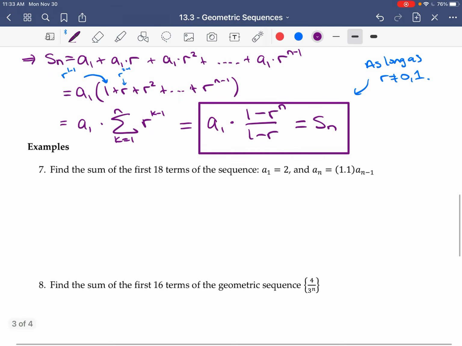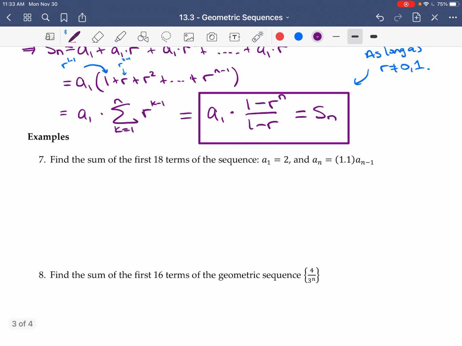Okay, so let's do an example. So if I want the sum of the first 18 terms of this sequence, so it gives me A1, and then it gives me the formula for An. So that means that, now it doesn't tell me that it's geometric, so maybe I should check. An over An minus 1.